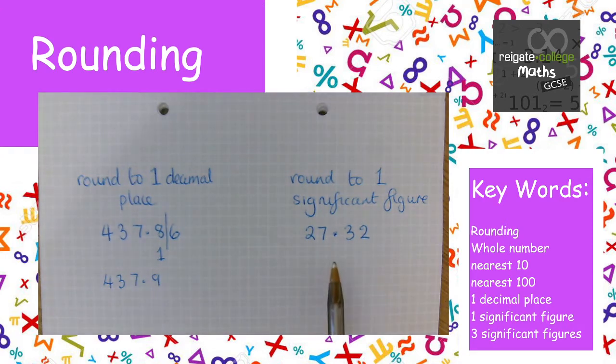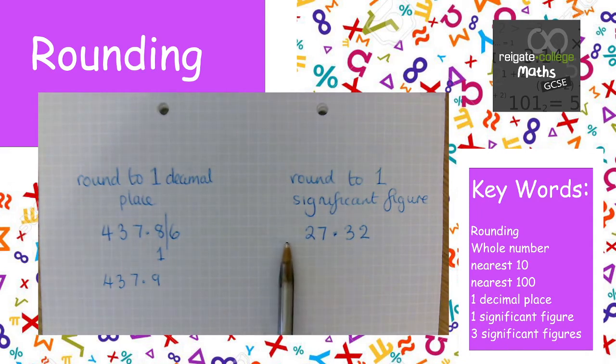By contrast, rounding to one significant figure is a completely different way of looking at the number. Significant figures refer to the most important numbers that we see in the number that we are given. Rounding to one significant figure means we just want one digit that isn't a 0.